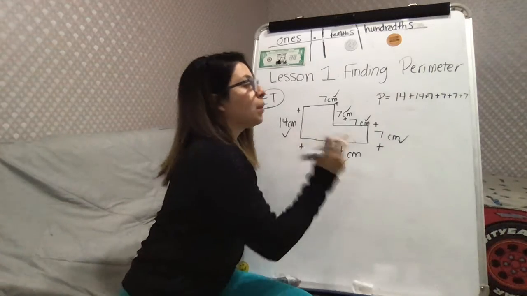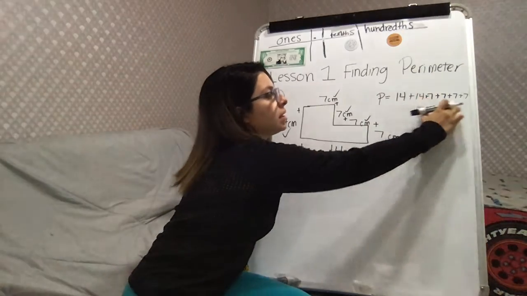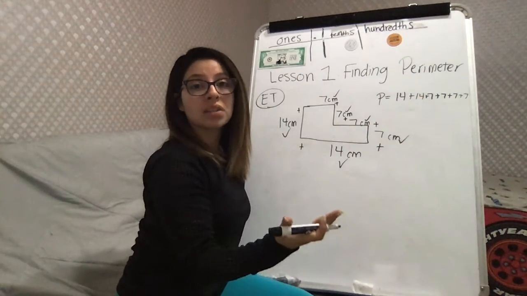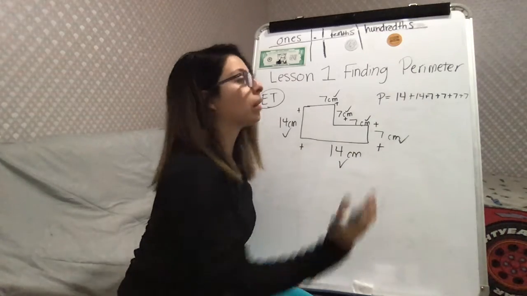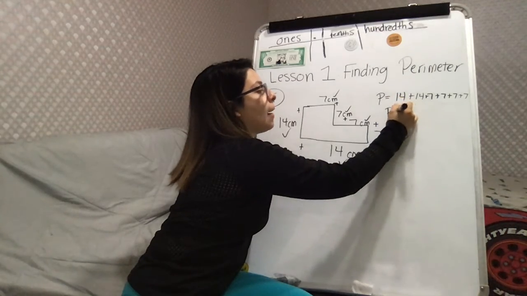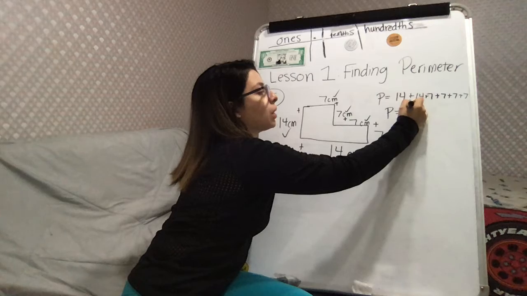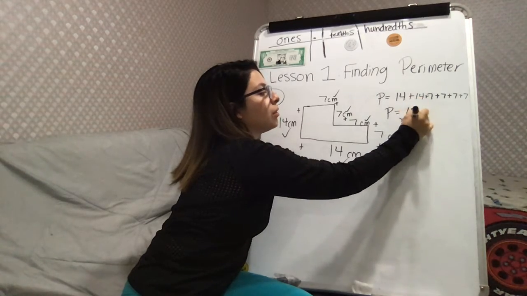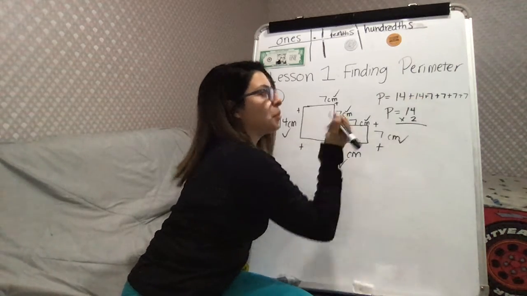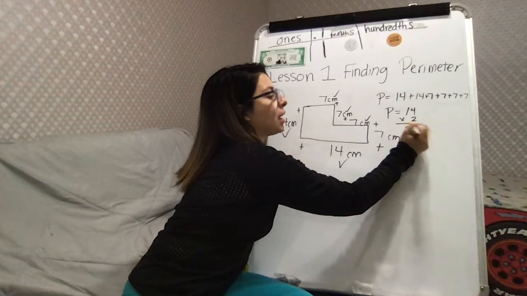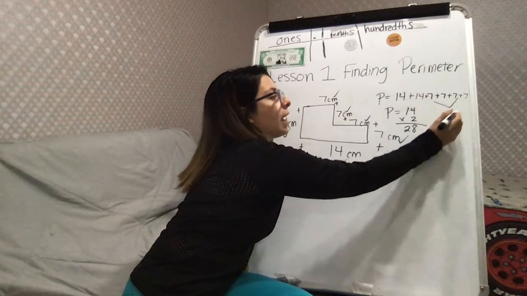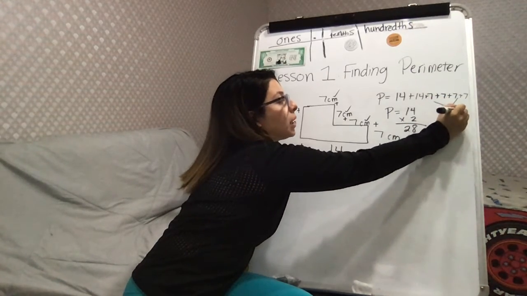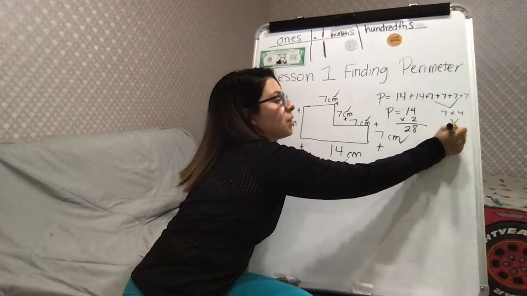So I would think of it as maybe 7 times 4, because that is also repeated addition. So if we did that, we could think of it as 14 times 2, because there are 2 14s, and I would get 28 there. And then that is 7 times 4, which is also 28.